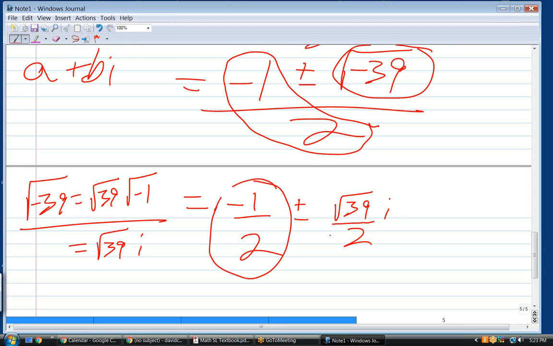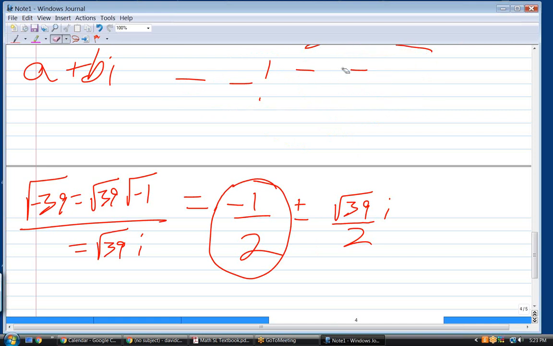And again, if I was graphing this answer, the only two numbers I would care about is the horizontal axis is minus 1/2, and the vertical axis is root 39 over 2. Well, root 39 is about 6, so that's going to be 3 and change.